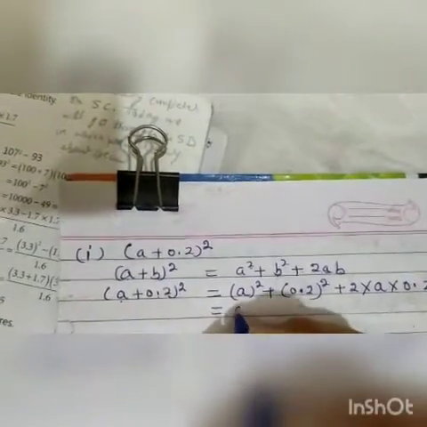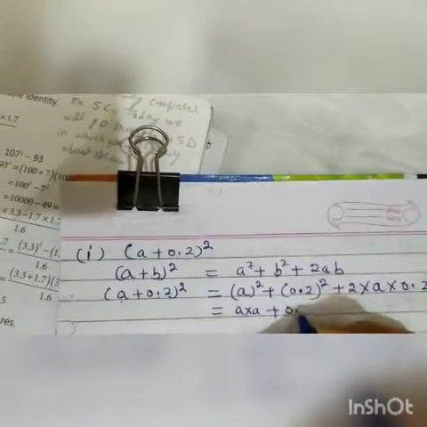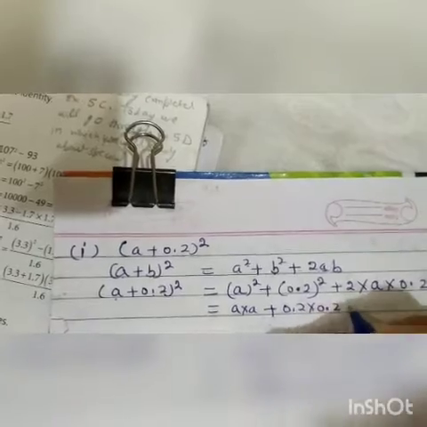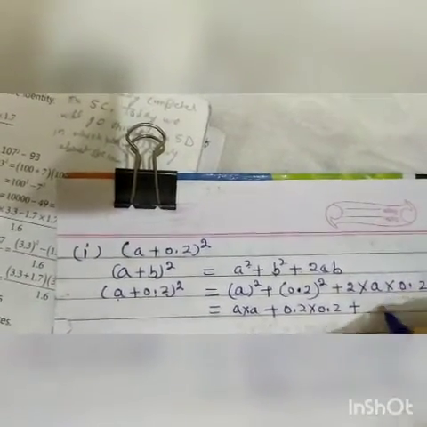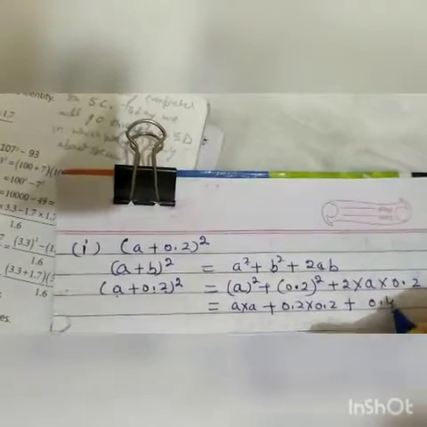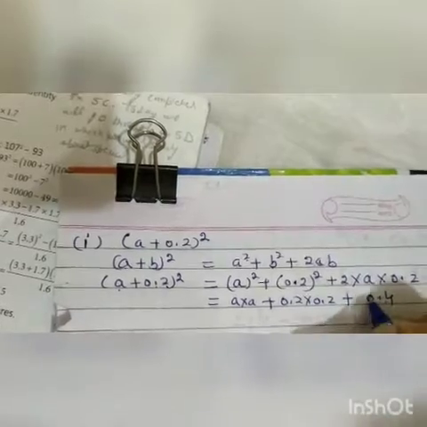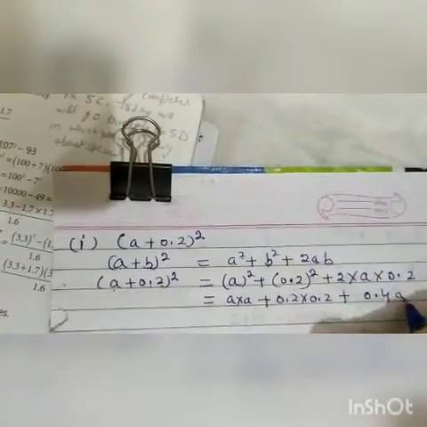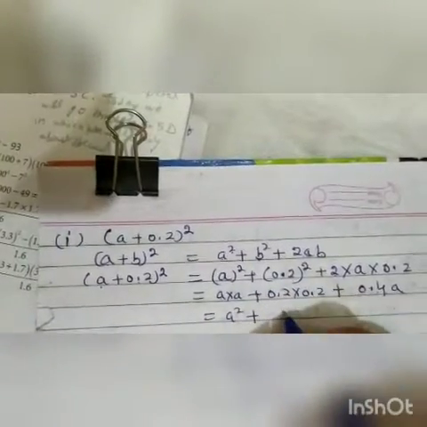Now a square means a into a, plus 0.2 whole square means 0.2 into 0.2, plus 2 twos are 4, and before one digit there is a decimal, so it will be 0.4a.